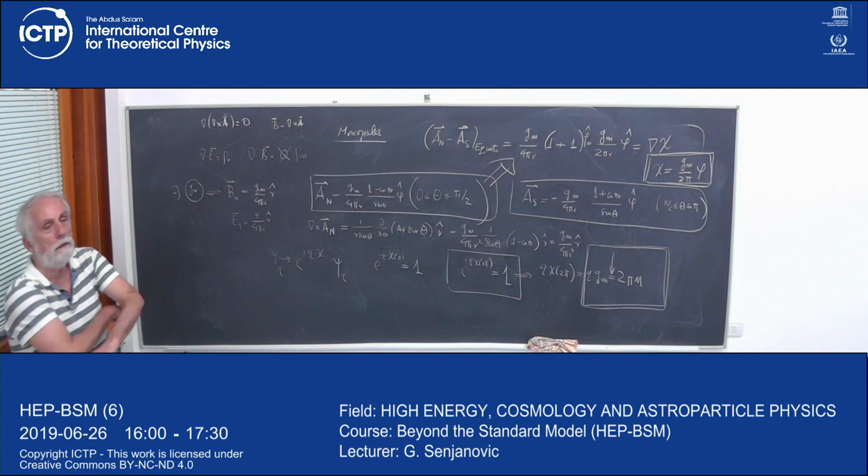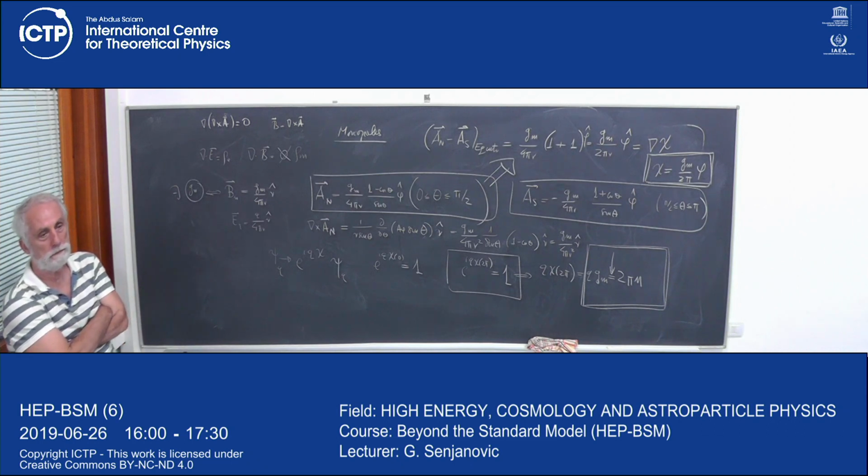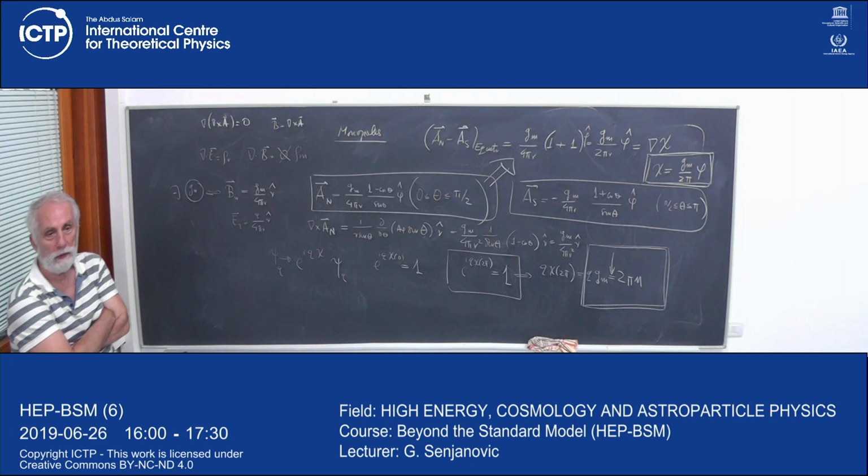I can work like this. I managed to find for you the potential which is well defined everywhere. You mean that we stay with the same structure of F mu nu with the vector A, and well, you have a current.